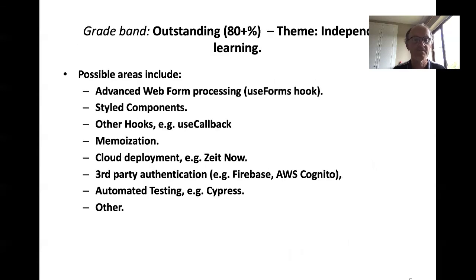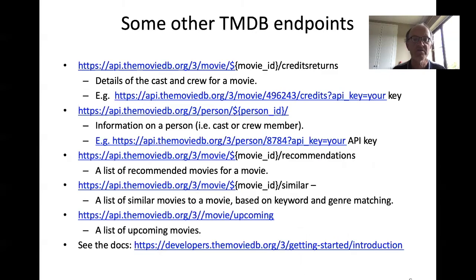The last slide in this set of slides only relates to people who are considering extending the Movies Fan app. And I'm just giving you some other TMDB endpoints there that you might find useful. I won't go through all of them, but for example, this one here will return a list of cast members and crew associated with a movie. In other words, the people associated with a particular movie in terms of cast and crew.